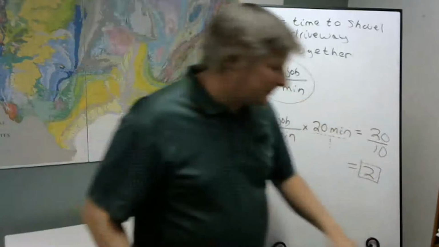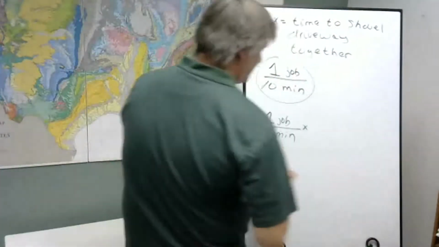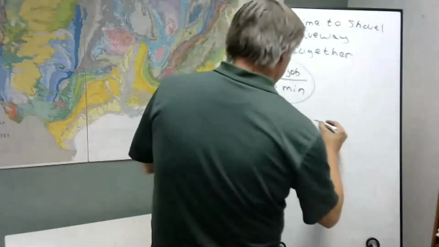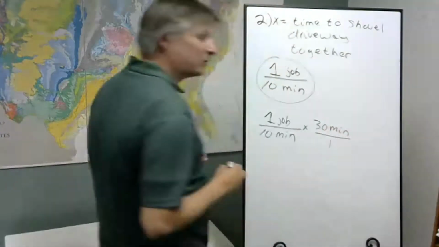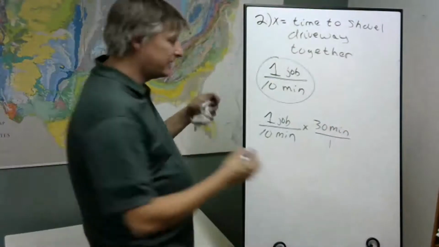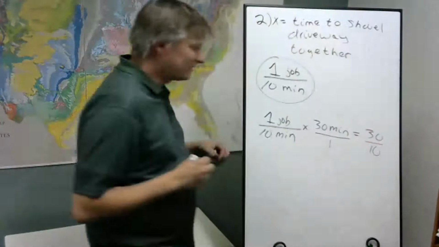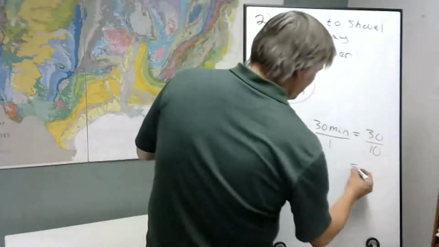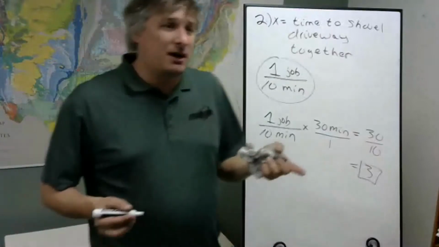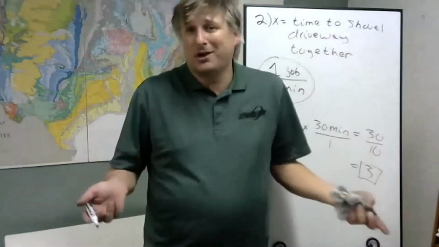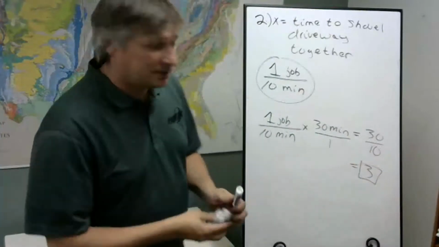Same thing if you have 30 minutes available, again, we'll put that over 1, multiply across. We'll just worry about the numbers here. 30 over 10. That's 3. So if it takes 10 minutes to do the job and you've got 30 minutes, you can do the job 3 times. Now, let's say you only have 5 minutes.